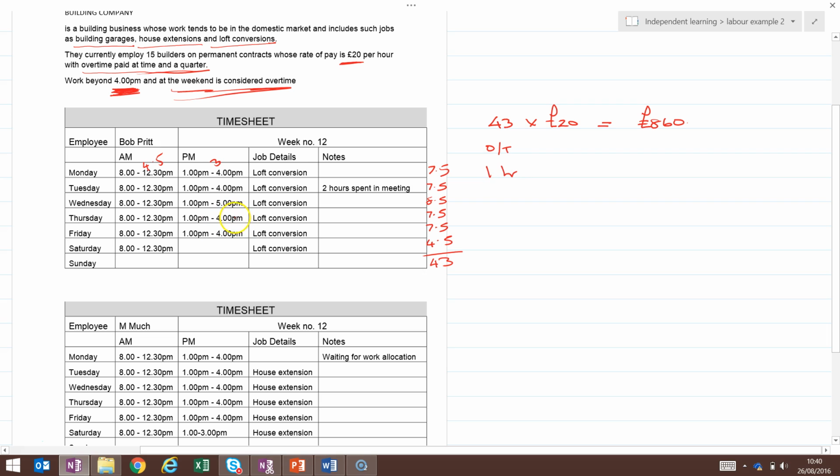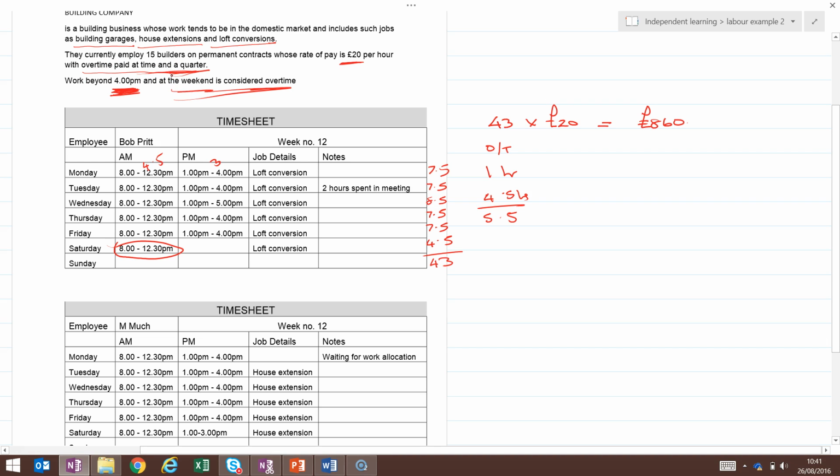That was the only day he worked late, but we also know hours worked at the weekend is overtime. So those 4.5 hours that he did on Saturday is also overtime. So he did 5.5 hours of overtime. So for 5.5 hours, he gets extra, and he gets a quarter extra.